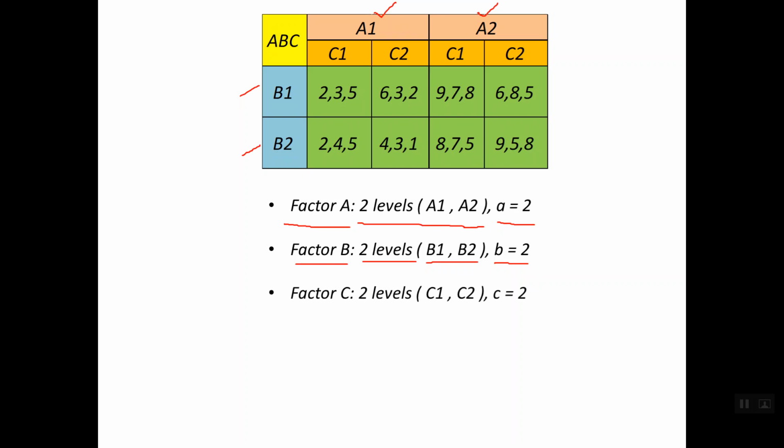And for the third factor, which is factor C, again we have two levels, which are C1 and C2. So small c, which represents the number of levels for this factor, is equal to 2. And here we have C1 and here we have C2.